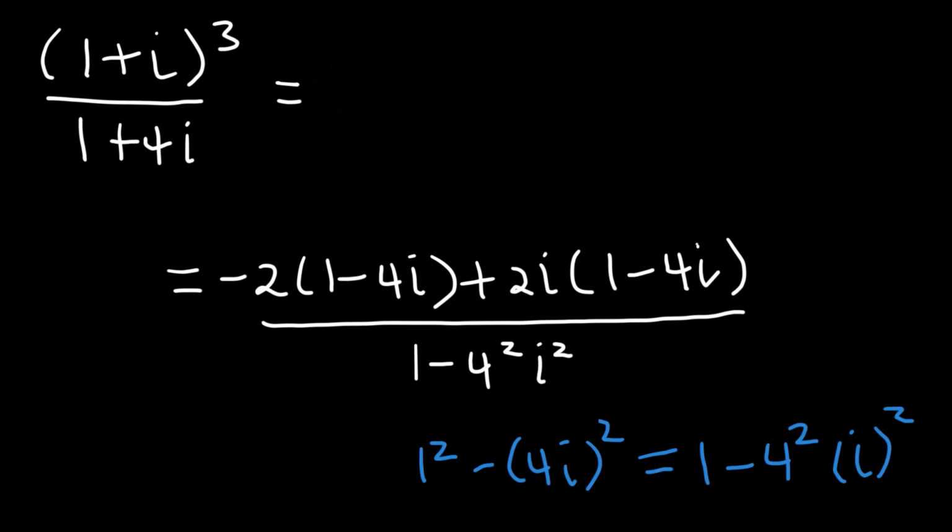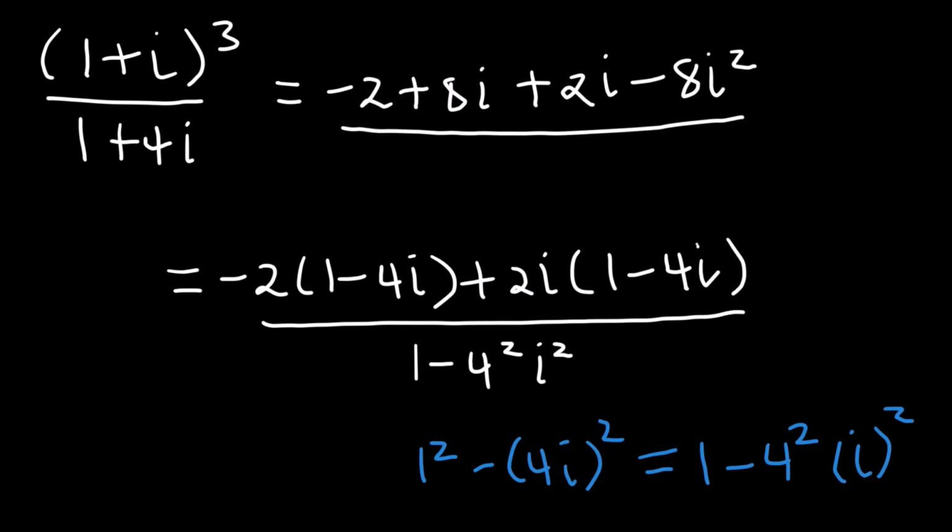This will give us negative 2 times 1, which is negative 2, and then negative 2 times negative 4i, which is plus 8i, and then plus 2i times 1, which is 2i, and then 2i times negative 4i, which is minus 8i to the power of 2.